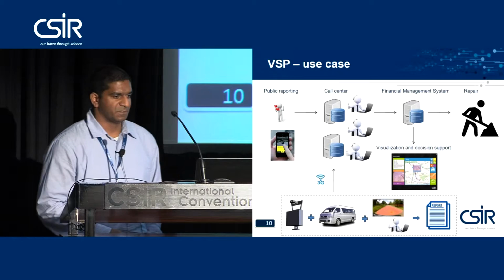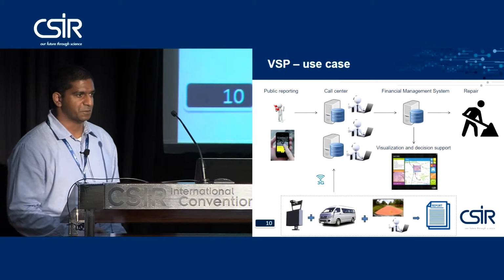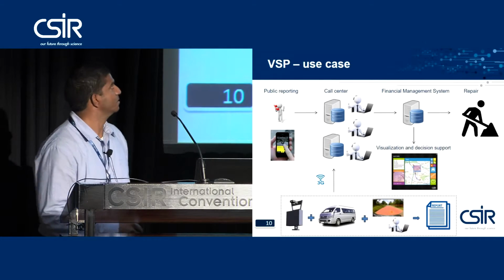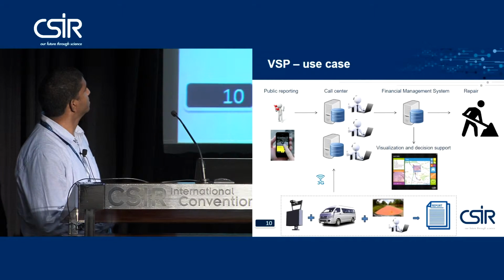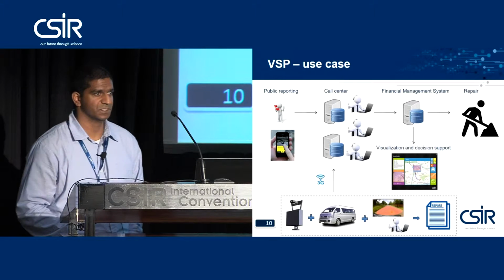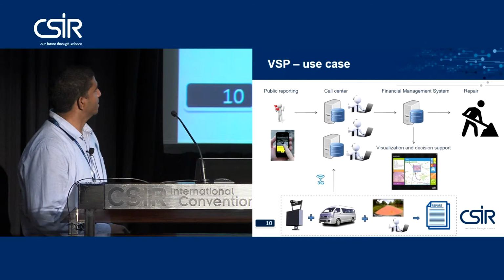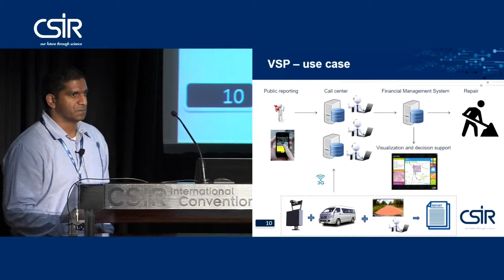This picture is a very simplified diagram of a use case scenario of using VSP. So what we see over here, on the top line, is a general simplified workflow for one of the municipalities in Johannesburg. We discussed it with them, so that's how we got this.